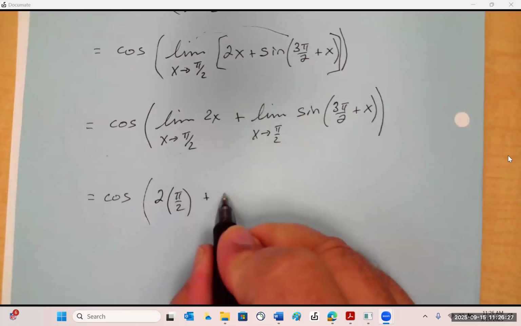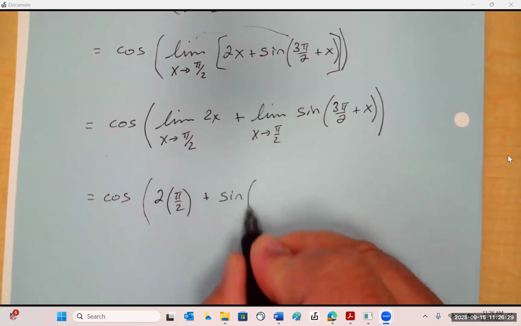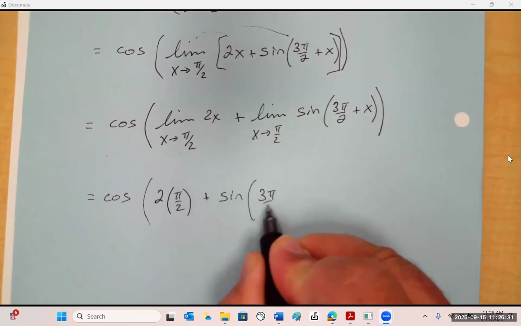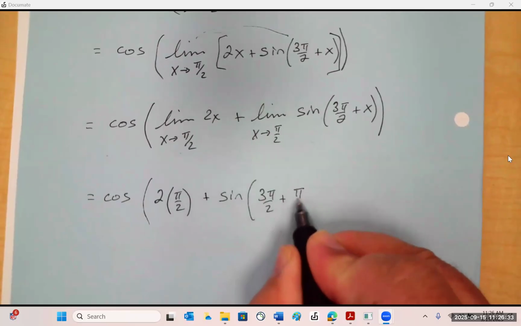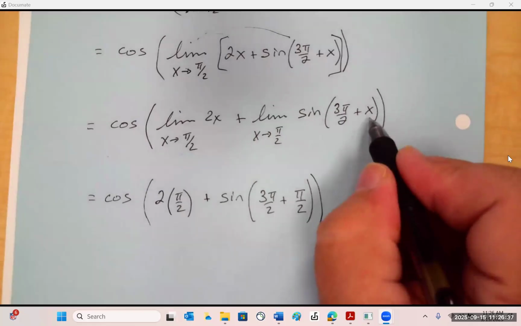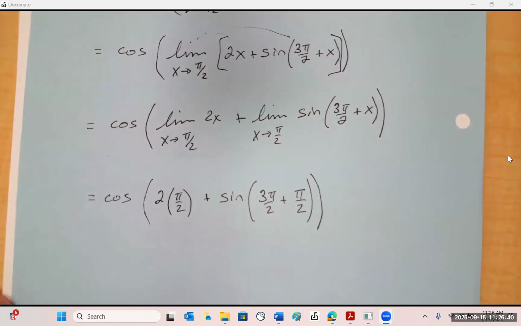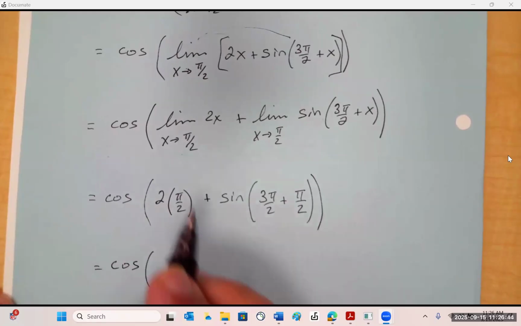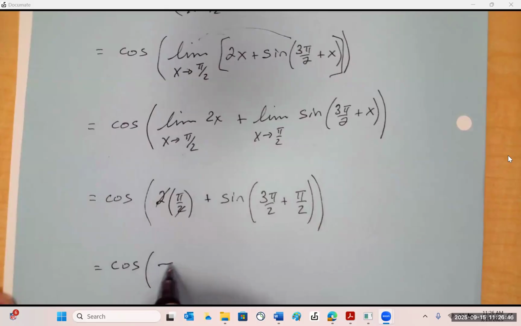Same thing with the other one. We have sine of 3 pi over 2 plus pi over 2. Anywhere we're seeing x, we put a pi over 2. The twos cancel, so we have pi.